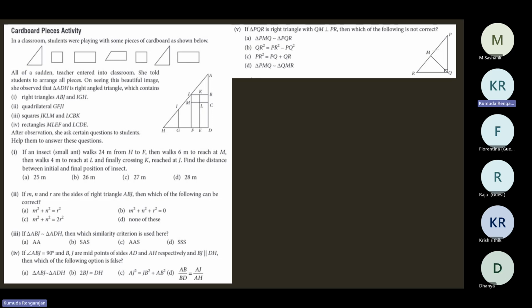Is it over, children? Okay, take a screenshot. I don't know, maybe some of you finished. Take a picture.